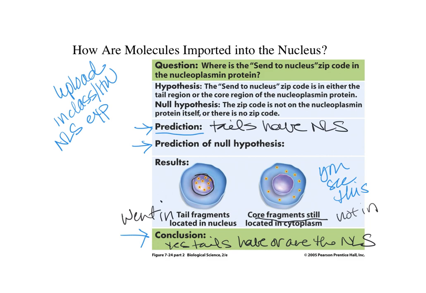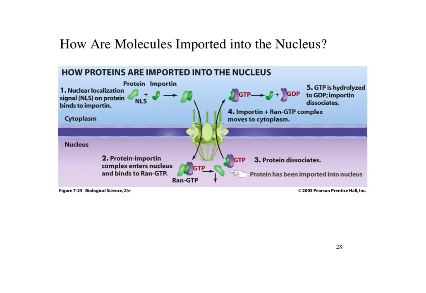Oh, thank you. Okay, so if we really want to know how, which we don't really want to know, okay, I kind of do, because I kind of dig this kind of stuff. Anyways, the protein that has the NLS has to work with another protein, the importin, and they named it that.